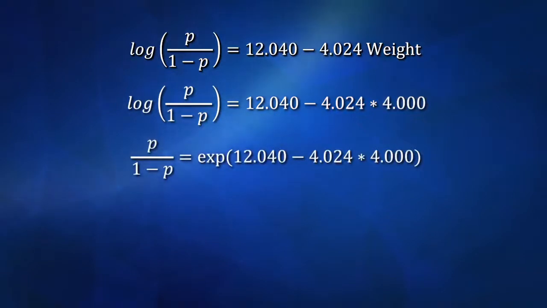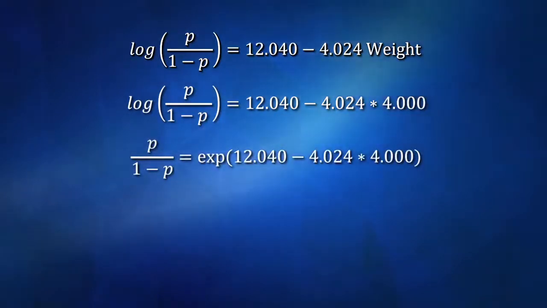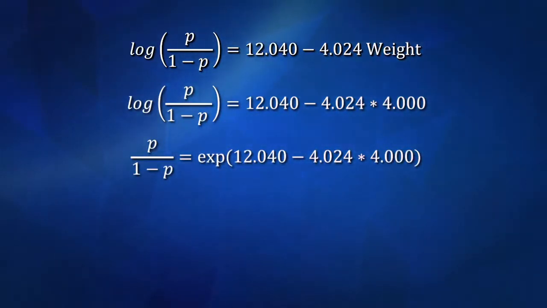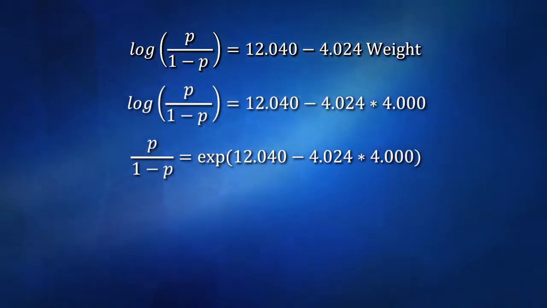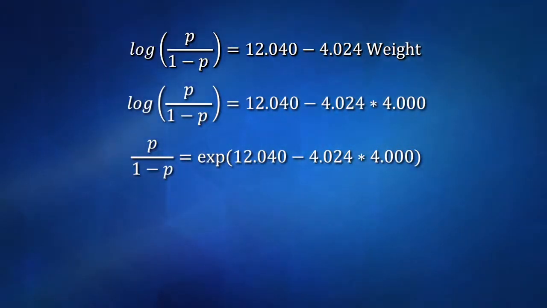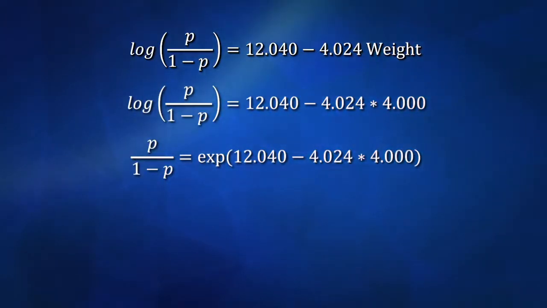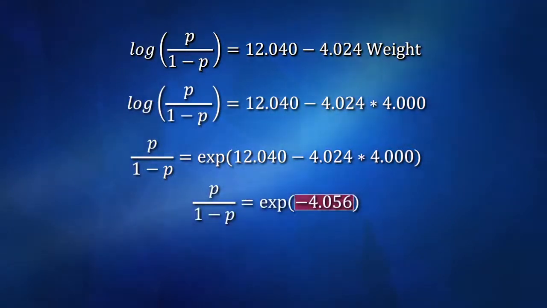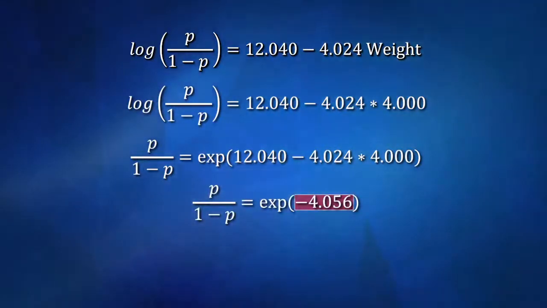So I take the exponential of my log of p over 1 minus p, which gets rid of that log. Now I'm just left with p over 1 minus p is equal to the exponential of the right side of my equation, 12.04 minus 4.024 times 4. This reduces to just the exponential of minus 4.056.